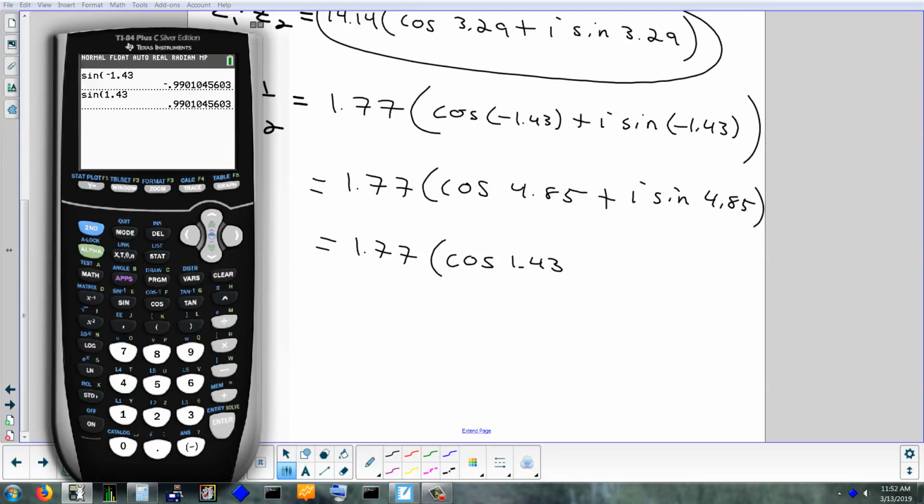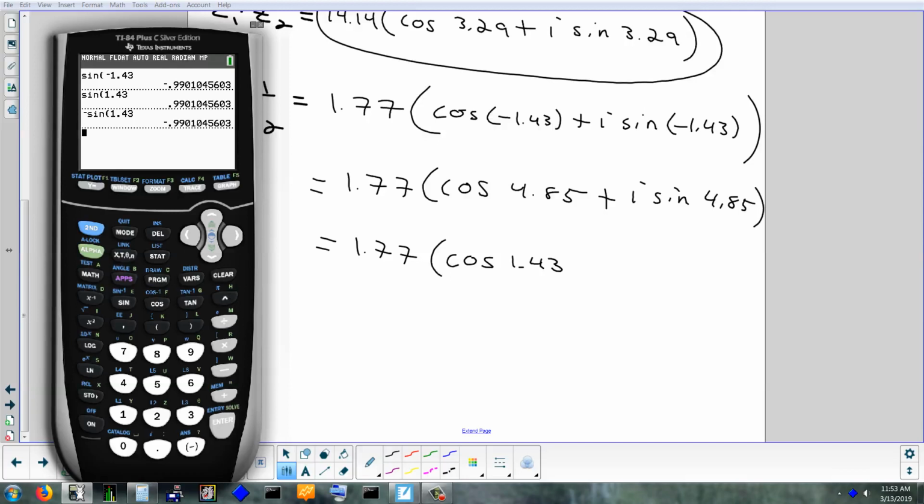So the sine of negative 1.43 is the same as the negative sine of 1.43. So you can't just get rid of the negative, but what you can do is put it in front. Does everyone see how having the negative on the inside and then moving it to the front, the answers come out the same?